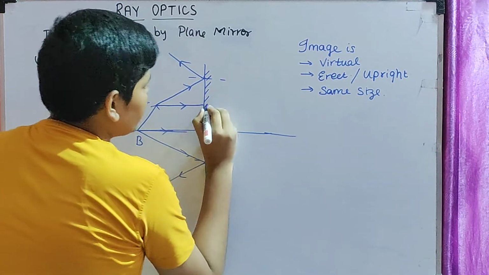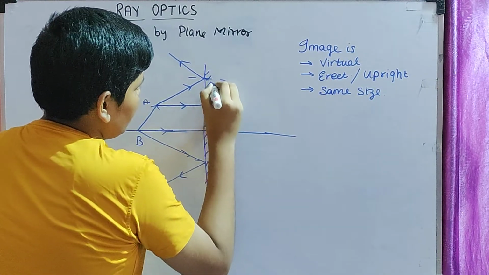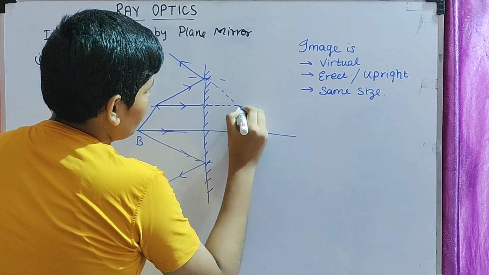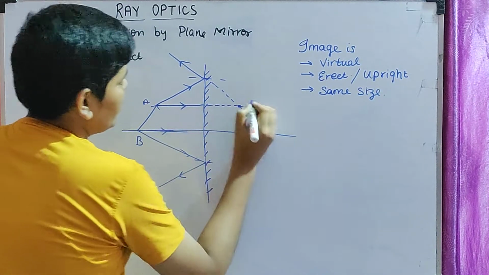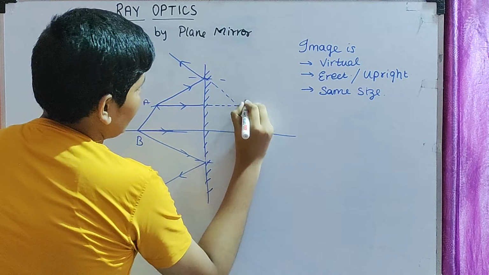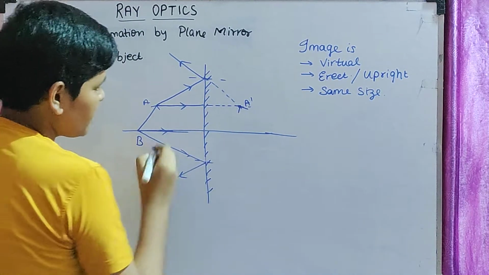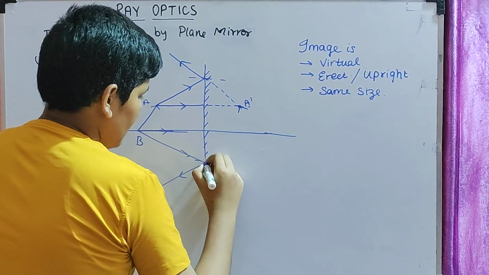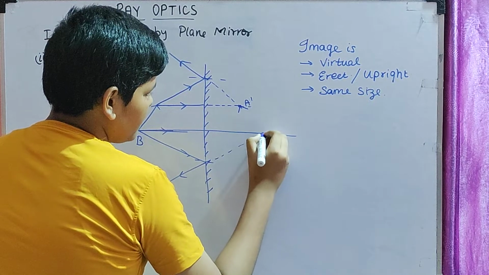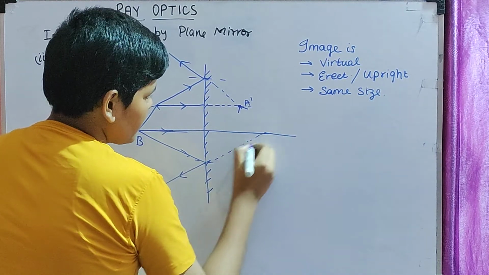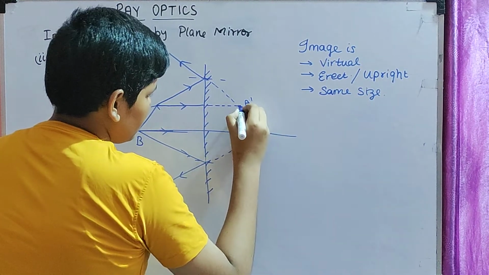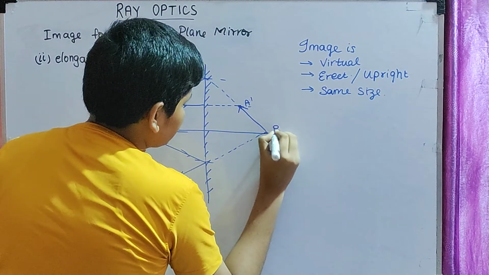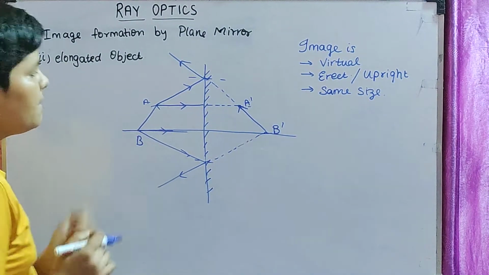Now we need to produce them backwards. This one being produced backwards over here, we get the image A dash over here. Now for B, it is the same, and this is being produced over here somewhere. So this is B dash. So we got the image once again.